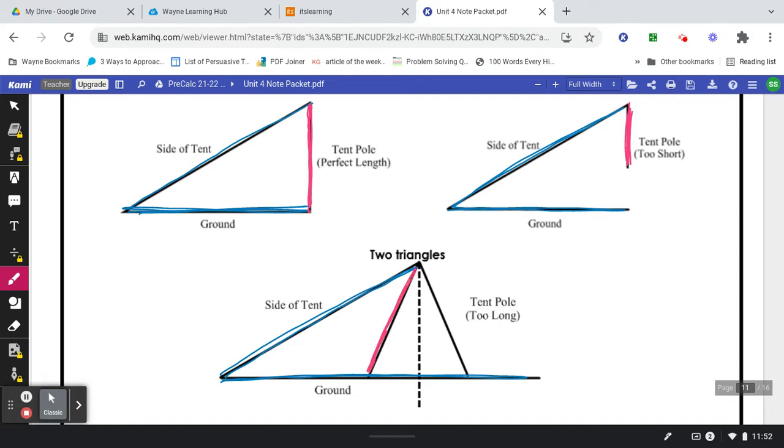So you can tilt it this way, and you can see that you have this triangle in pink, or you can tilt it the other way, which then you can see you have this triangle in purple. It's a little bit bigger of a triangle in purple. So in that case, you create two triangles. So this could possibly happen when you have side-side-angle, two sides and an angle.